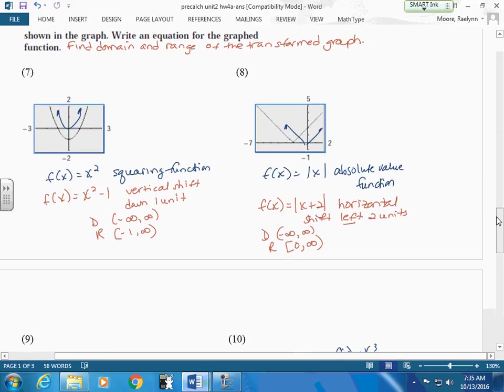Parabolas, you had to identify them and write the equation for the new one. Did I write on yours, find the domain and the range? No, of course not. All right, we'll find the domain and the range. So your basic squaring function, what is the domain and the range of this guy?